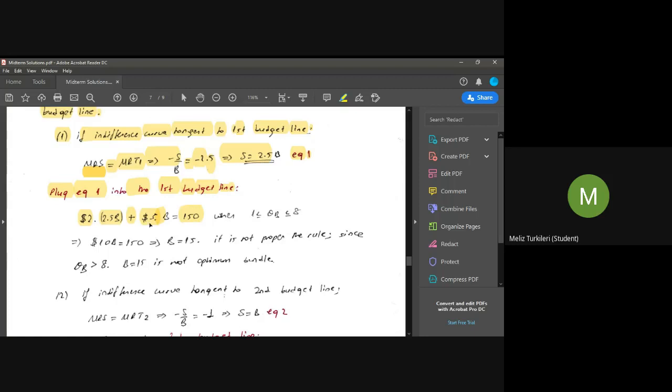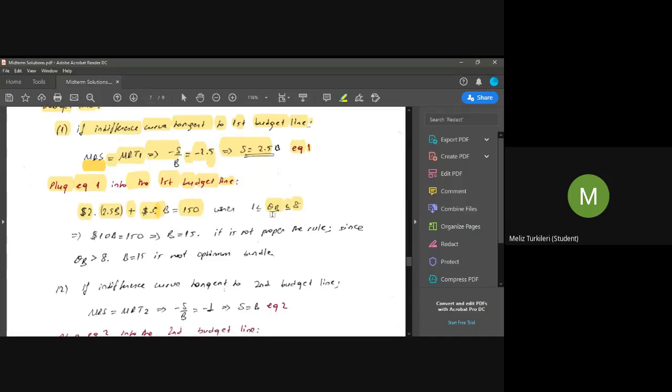And we know that this is true when the quantity of bags is equal to or lower than 8. This part is important. We are going to use this information as a control point.